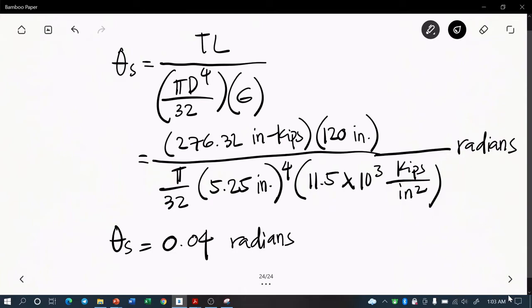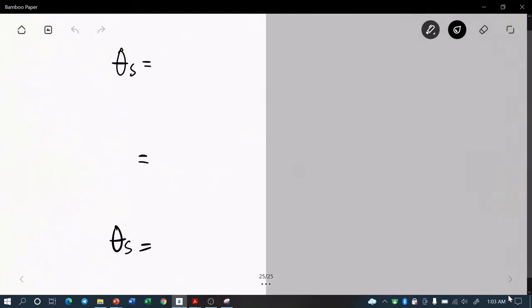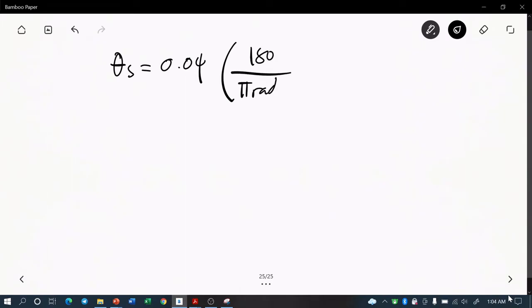Okay, so we're going to convert this unit of angle into degrees. For theta s of 0.04 radians, converting radians to degrees, pi radians is equal to 180 degrees.